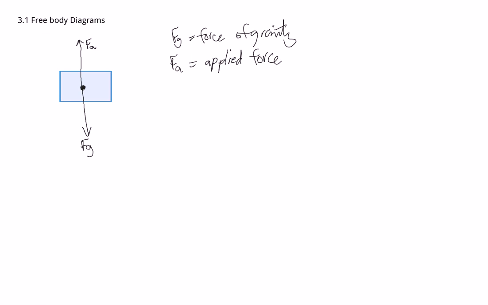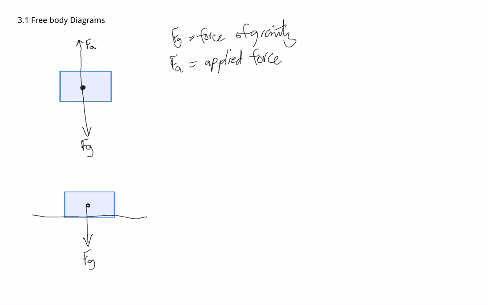So let's do another object. Let's say we have a book again, but instead of being held up in the air, this time it's sitting on top of a desk or a floor. We still have gravity going downwards, but now I'm not applying a force to hold it up.